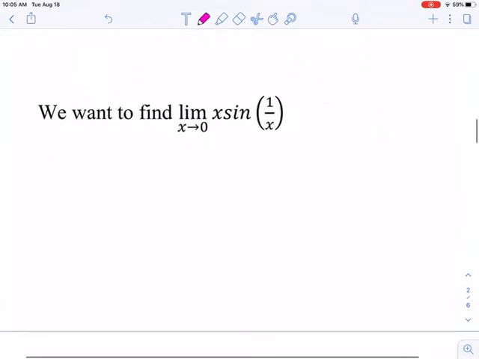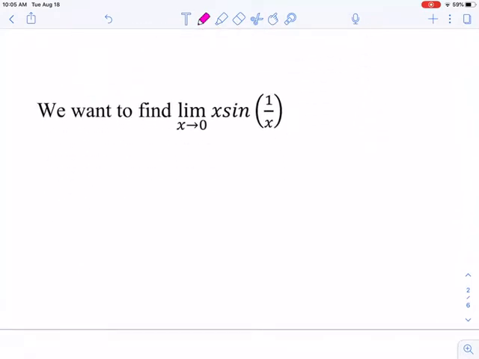So an example. We want to find the limit as x approaches 0 of x times sine of 1 over x. Now, I have taught you, you need to always start with direct substitution.